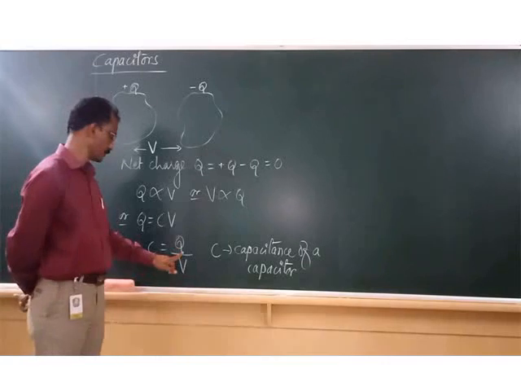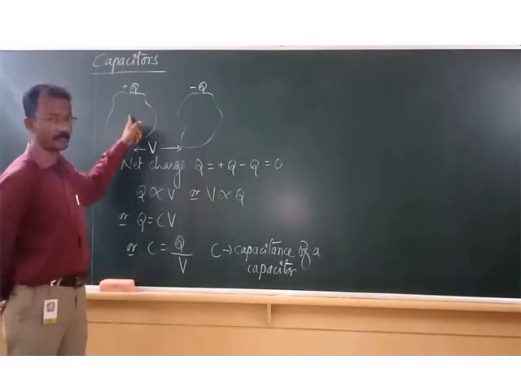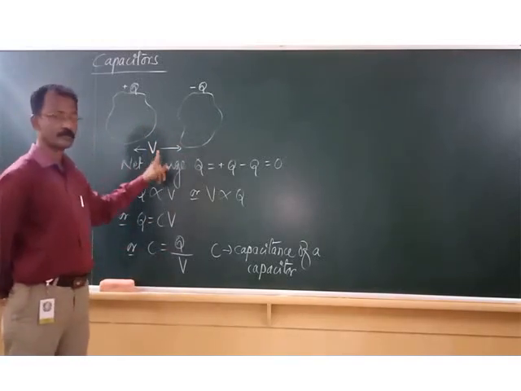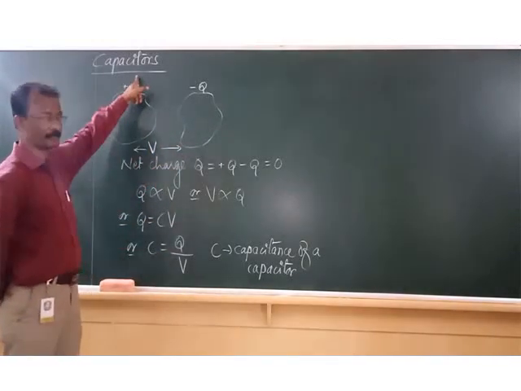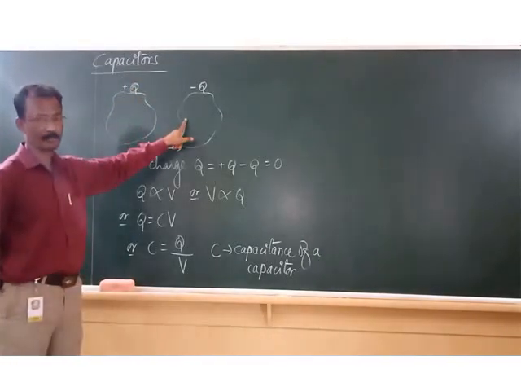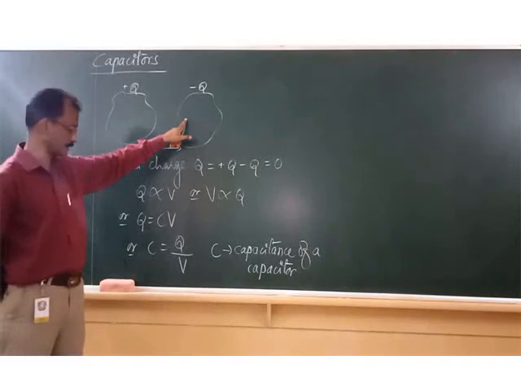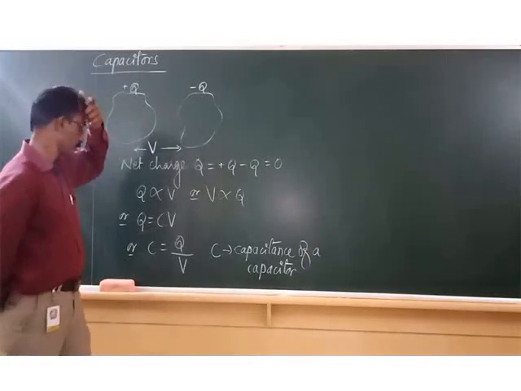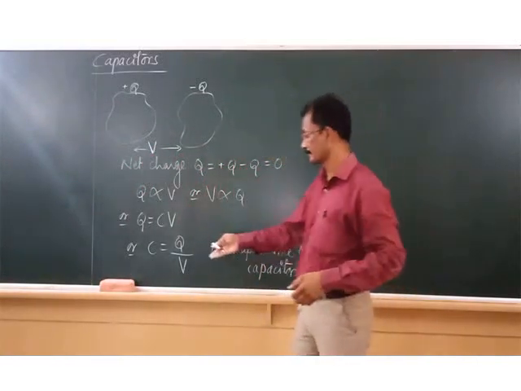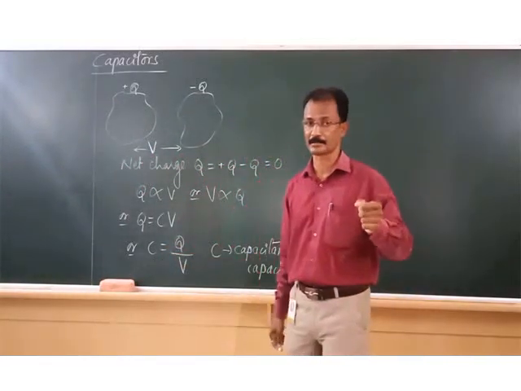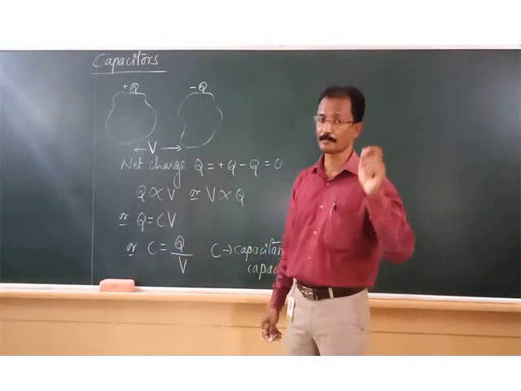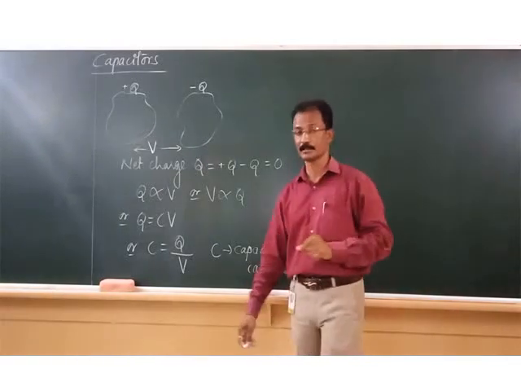Here q is the magnitude of charge on either conductor, and V is the potential difference between the conductors, because the capacitor consists of two parallel metal plates. The SI unit of capacitance is farad. Already I discussed this.